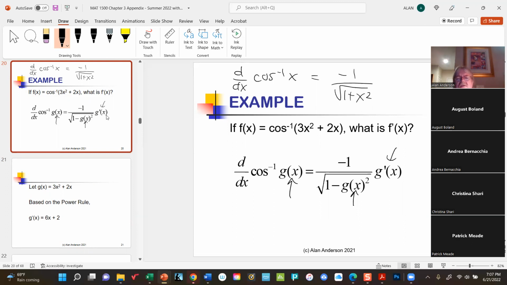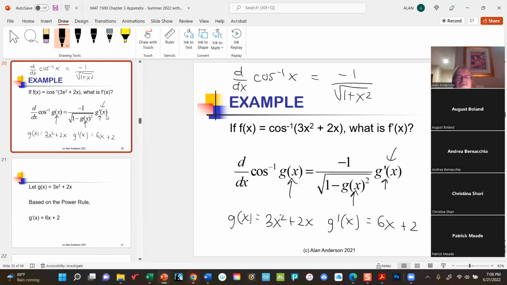Okay, so this one isn't too hard because g of x is a polynomial. And you can see that g prime of x, based on the power rule, is 6x plus 2. And so that will end up going here.